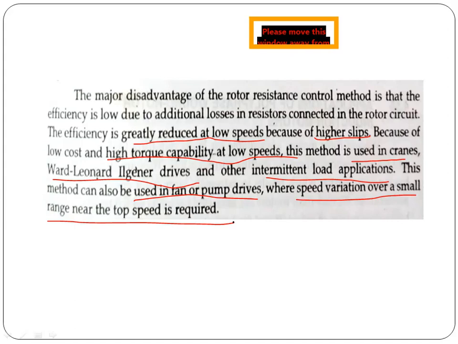The efficiency is greatly reduced at low speeds because of higher slip. And because of low cost and high torque capability at low speeds, this method is used in cranes, Ward-Leonard drives, and other intermediate load applications, and can also be used in fan or pump drives where speed variation over a small range near the top speed is required.